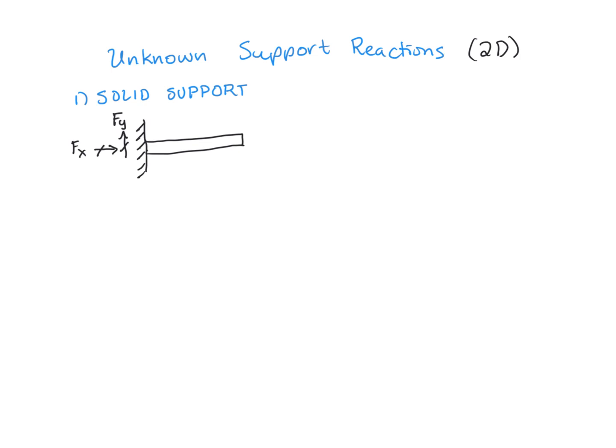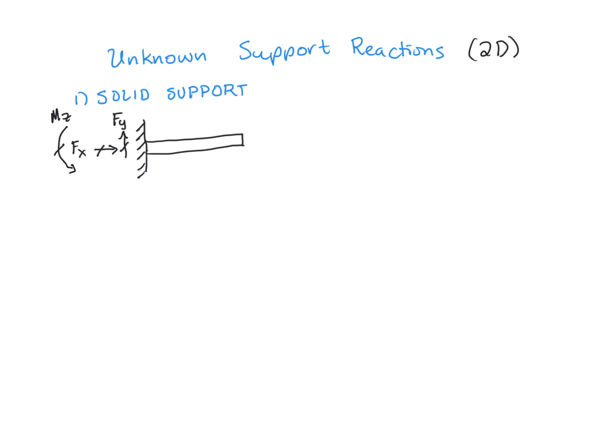And then the last unknown support reaction is that there can be an unknown moment. We'll draw that unknown moment in the positive moment direction, which again, by the right-hand rule, is curving the way your fingers would curve if you hold your right hand with your thumb pointing out of the page, which is the positive z direction.